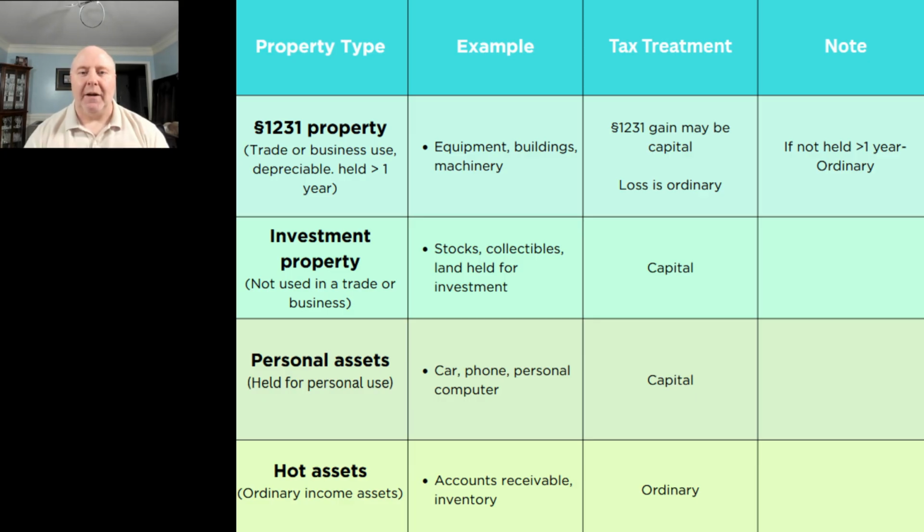And as a taxpayer, we love that, because ordinary losses offset our higher ordinary income. So 1231 could be great. We could have a 1231 gain at capital, or we could have a 1231 loss at ordinary. But like I said, we'll go through 1245 recapture, and then there's also a 5-year look back. We're going to knock this out of the park, so you're not going to have a problem with those.